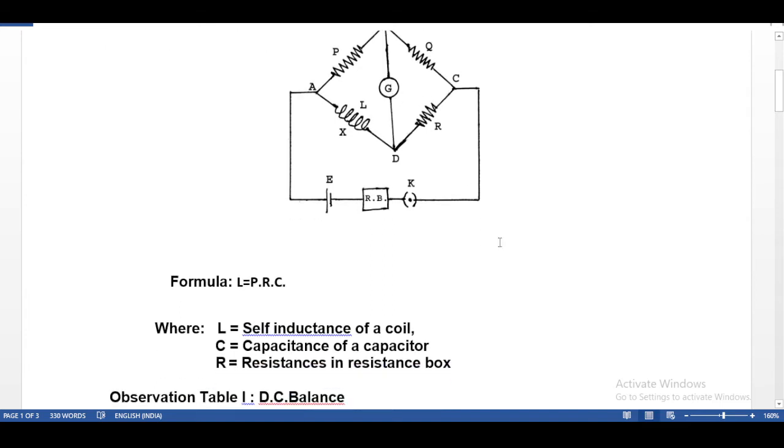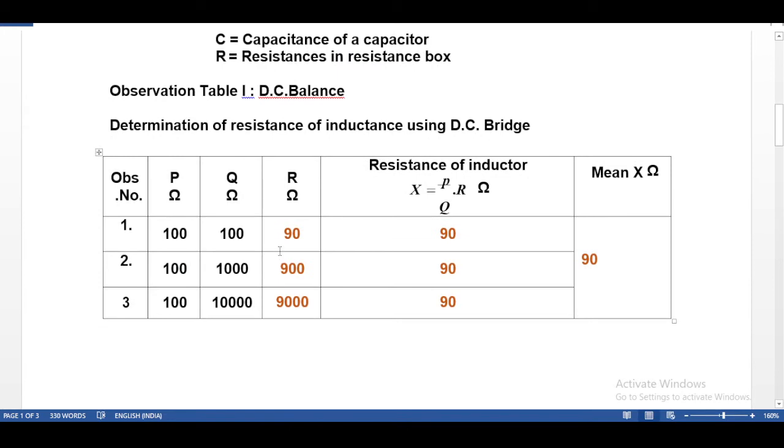For our setup in the laboratory, it comes to 90, and therefore P by Q into R by this formula is 100 by 100 into 90, finally resulting in 90.